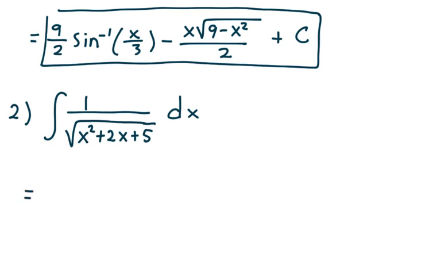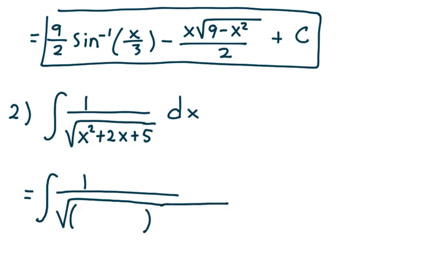So what I need to do is complete the square. And so I'm going to write this as the integral of 1 over the square root of, now I'm going to group the first 2 terms together, and then I'm going to have a 5 on the outside here.